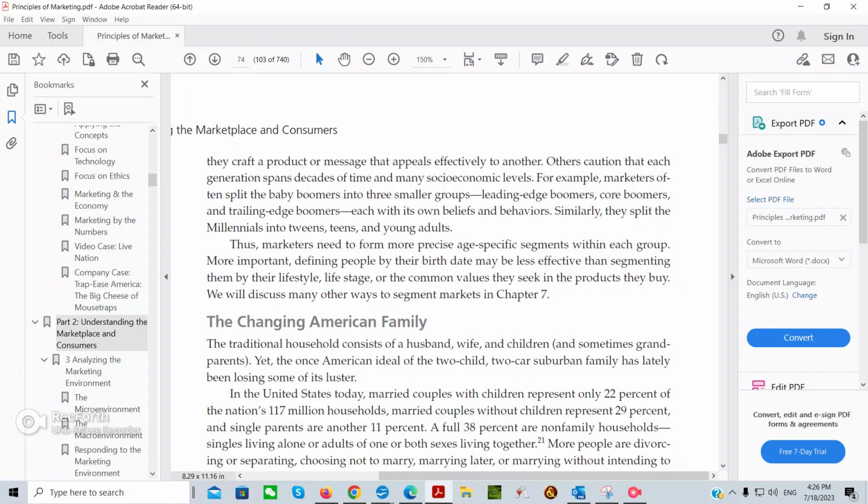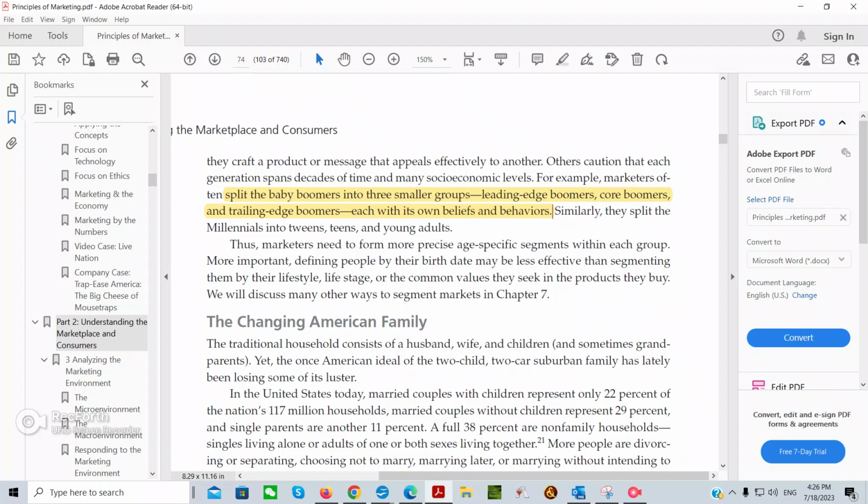Others caution that each generation spans decades of time and many socioeconomic levels. For example, marketers often split the baby boomers into three smaller groups: leading edge boomers, core boomers, and trailing edge boomers, each with its own beliefs and behaviors. Right? If you want to subdivide your message into very specific marketing messages, you can do it.